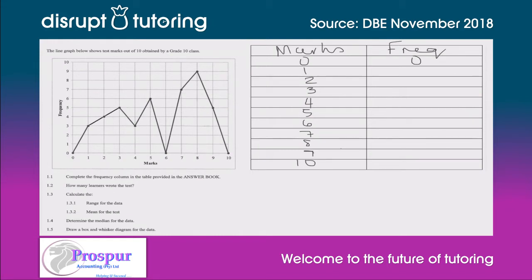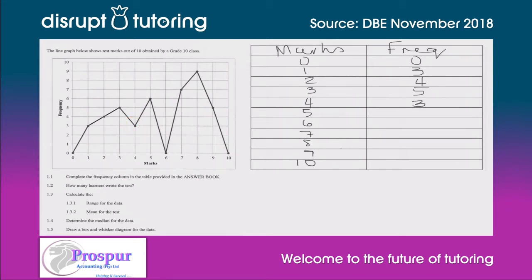Right, so 0. Moving on to 1 mark, we can see that that's going to be 3. Moving on to 2 marks, we can see that's going to be 4. Moving on to 3 marks, we can see that's going to be 5. Moving on to 4 marks, that is going to be 3.